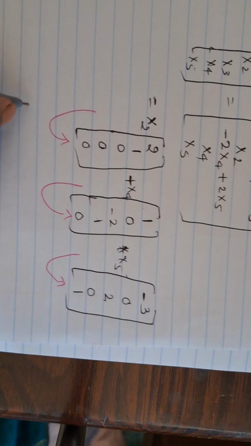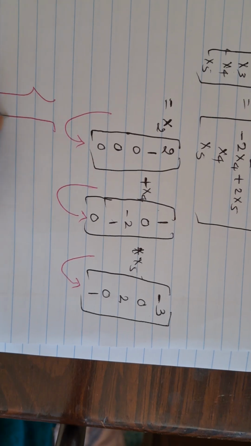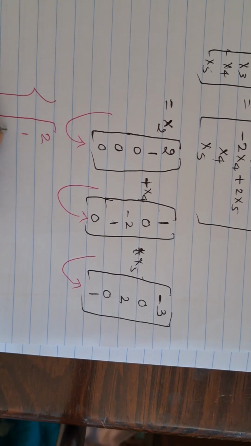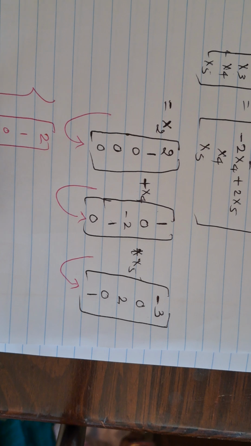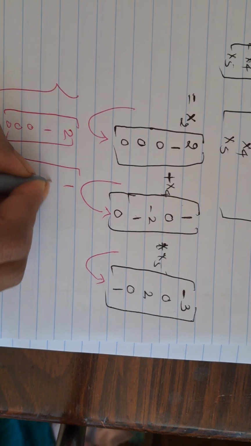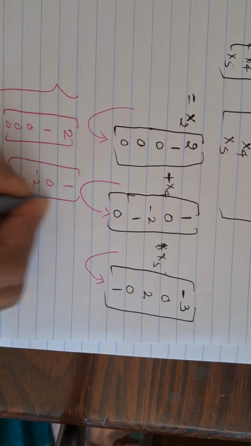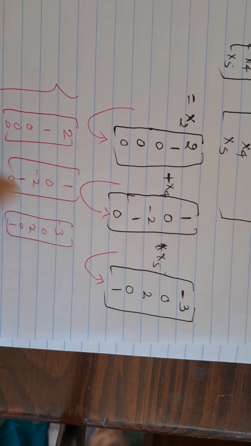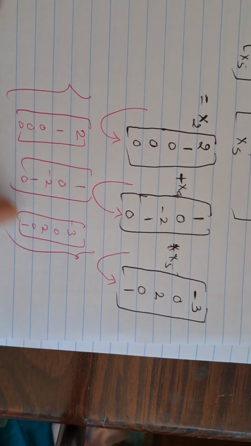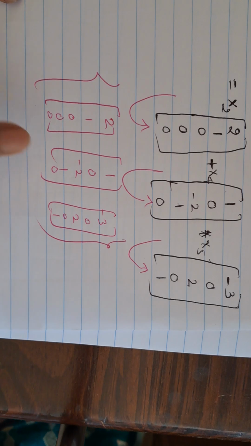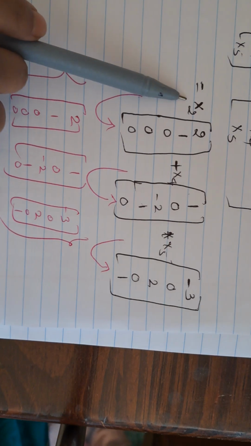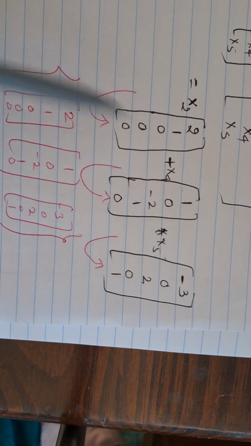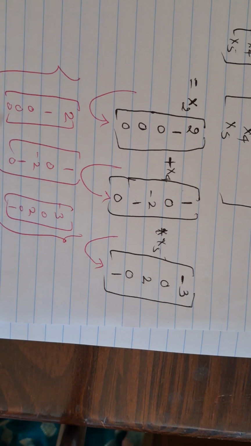So now the collection of these three vectors, one particular set, 2, 1, 0, 0, 0, and 1, 0, minus 2, 1, 0, and minus 3, 0, 2, 0, 1. So this is one set of spanning vectors which are in null A. Likewise, by substituting different values of x2, x4, x5, you'll get all the possible different collections.